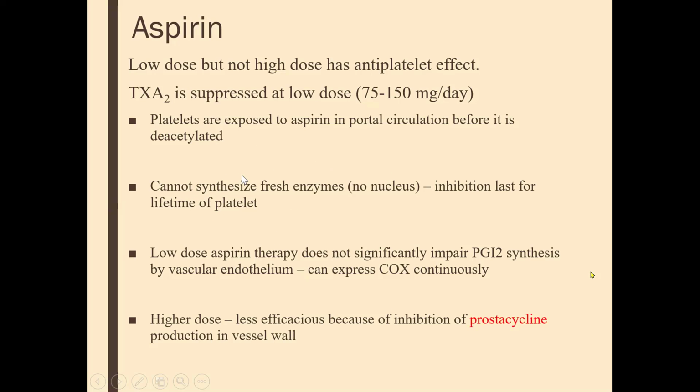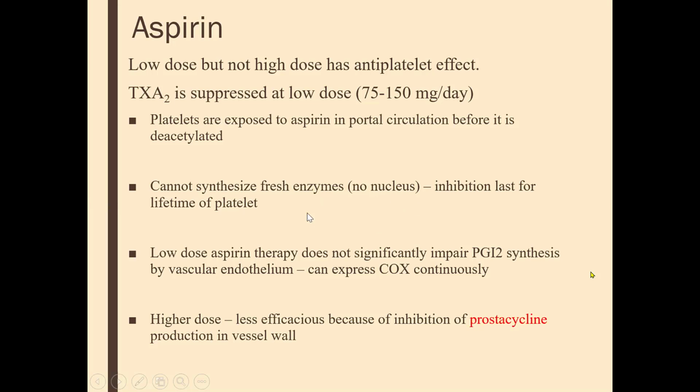Platelets are exposed to aspirin in the portal circulation before it is deacetylated. This is not that important an effect, but still, platelets cannot synthesize fresh enzymes. Platelets are anucleate cells, so they don't have a nucleus, and that inhibition lasts for the whole lifetime of the platelet.